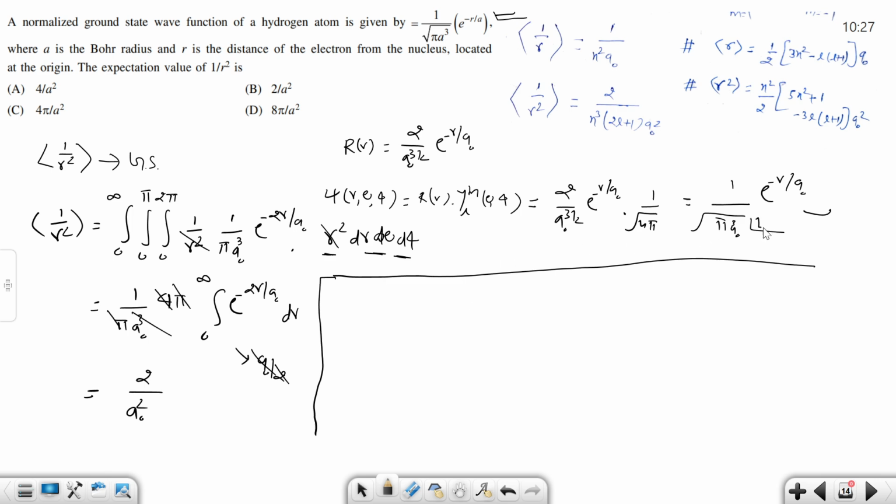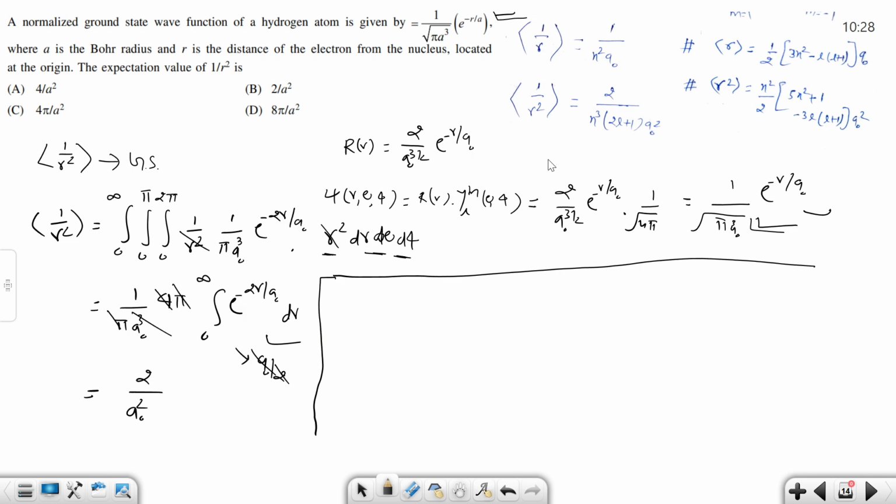Because the wave function for the first excited state, second, third, fourth, becomes very complicated. So in that case, you cannot handle these integrations. These integrations are very complicated, right? And we have to consume time also, because time is very important in examination. You have to complete your question in a certain period of time. So in that case, it becomes very important how to deal with that question as soon as possible, right?